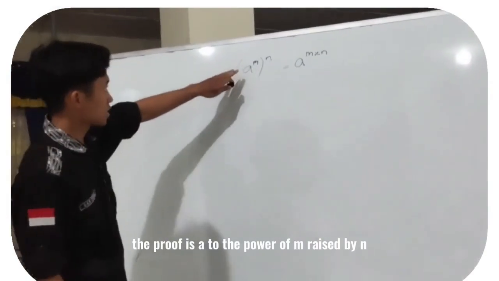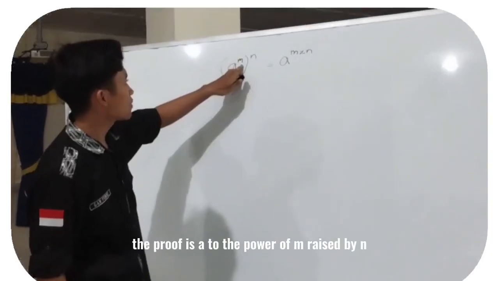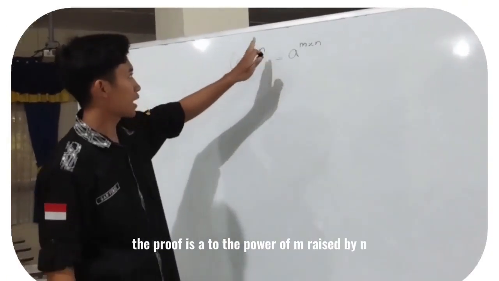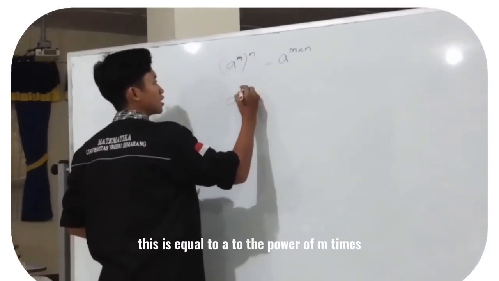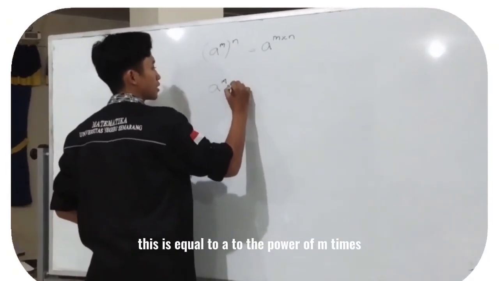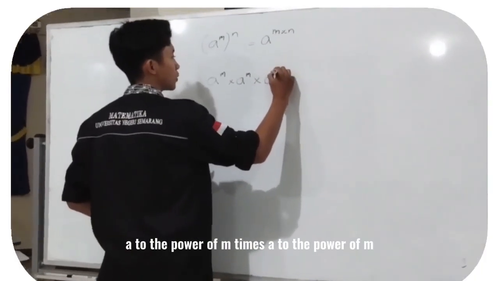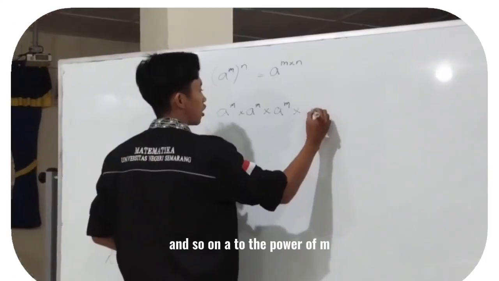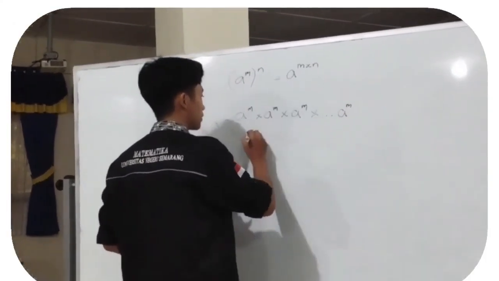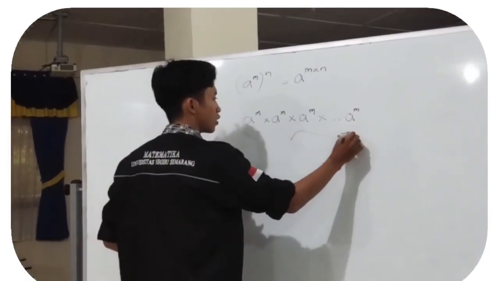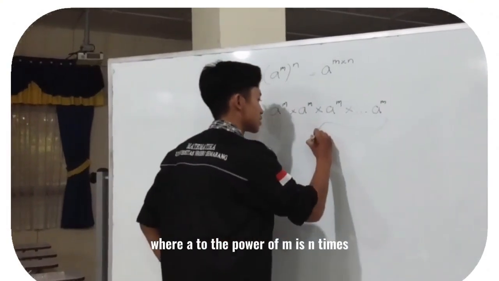The proof: a to the power of m raised to n is equal to a to the power of m times a to the power of m times a to the power of m, and so on, where a to the power of m appears n times.